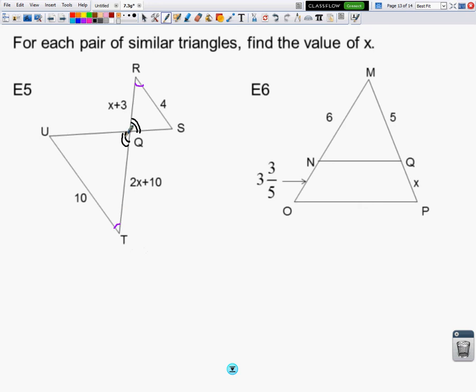Between 1 mark and 2 marks, I'm going to compare 2x plus 10 to x plus 3. Between the 1 mark and 0 mark, 10 is going to compare to 4. And there's my proportion, and we would cross multiply to solve this.